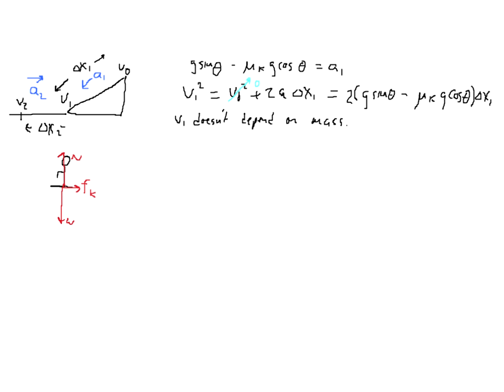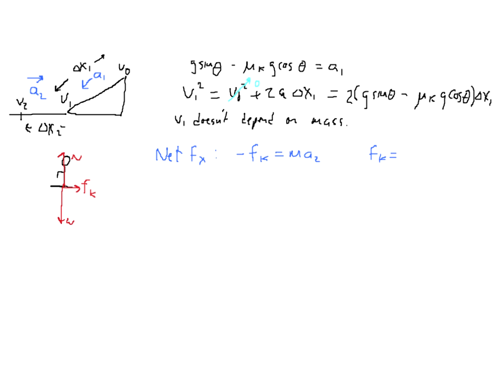So let's look at the forces again. If we look at the net force in the x direction, because we decided that this was the negative direction, we get negative F sub k equals m a2.